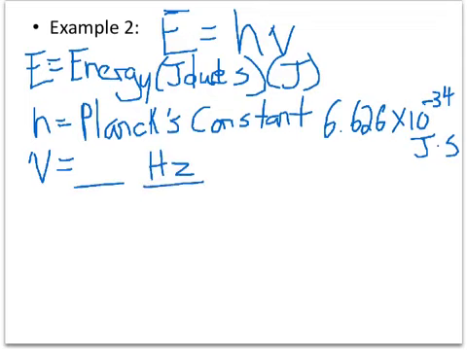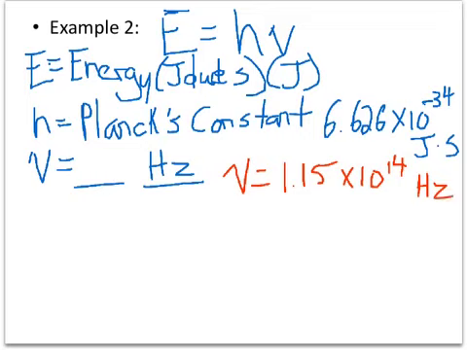So our question asks us, the frequency at which an electron travels is, so it tells me a frequency. Frequency is equal to 1.15 times 10 to the 14th hertz, which is the units I'm supposed to be in, and it says calculate the energy associated with the wave.